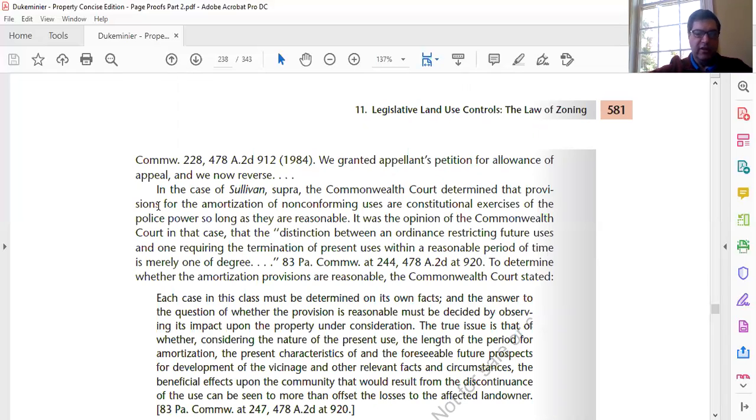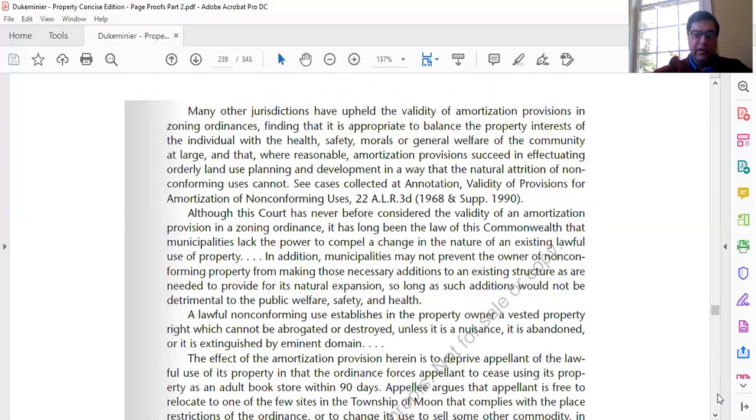The lower courts had decided that this amortization provision was reasonable. And on appeal to the Pennsylvania Supreme Court, the court says that if that's the standard, it doesn't think the lower courts committed an error of law or an abuse of discretion. But the Pennsylvania Supreme Court rejects the outcome in the lower courts and refuses to follow the Sullivan decision.